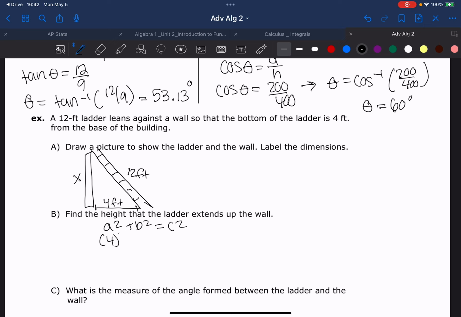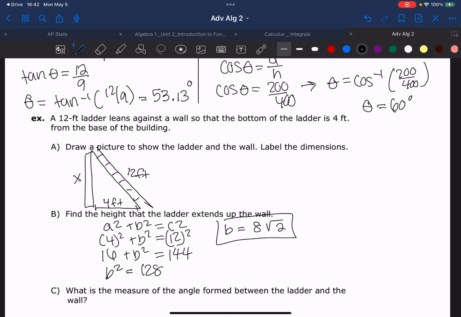So 4 squared plus b squared is equal to 12 squared. So 16 plus b squared is equal to 144. So that means b squared is equal to 128. So b is equal to 8 square roots of 2, because we take the square root and we do the prime factor tree. Okay, so that is our x. So this is 8 square roots of 2 feet.